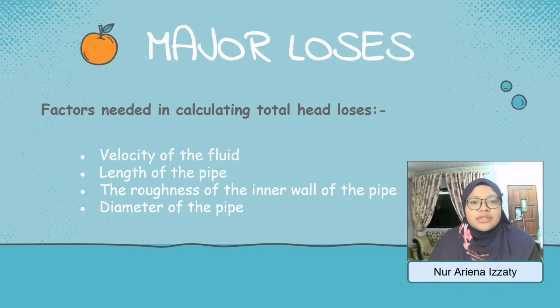This kind of loss is categorized as major head loss, with the Reynolds number greater than 2300. There are 4 factors that we need to consider in calculating this total head loss, which are the velocity of the fluid, length of the pipe, the roughness of the inner wall of the pipe, and the inner diameter of the pipe.